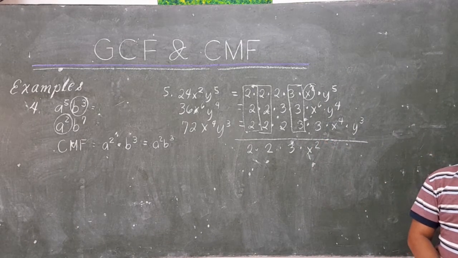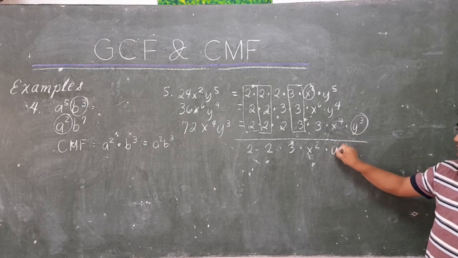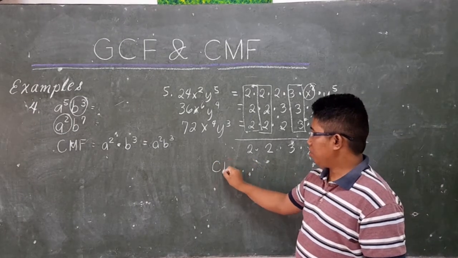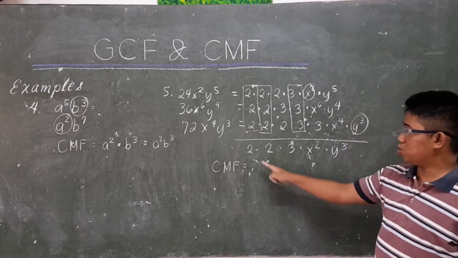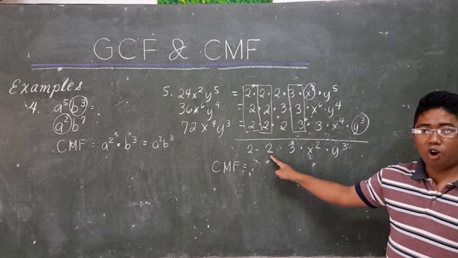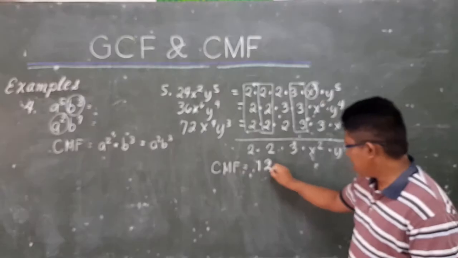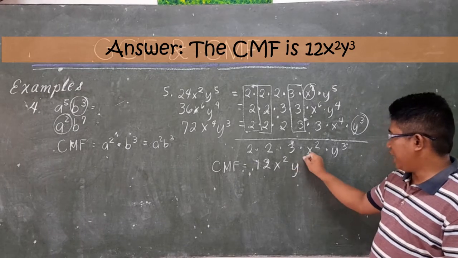The lowest exponent for variable y is 3, so it becomes y cubed. Thus, our common monomial factor, expressed in product form, is 2 times 2 equals 4, 4 times 3 is equal to 12, and then x squared y cubed.